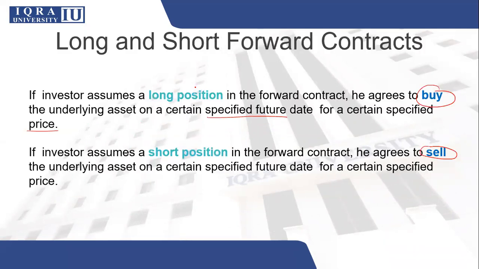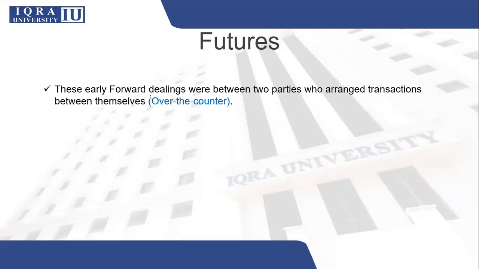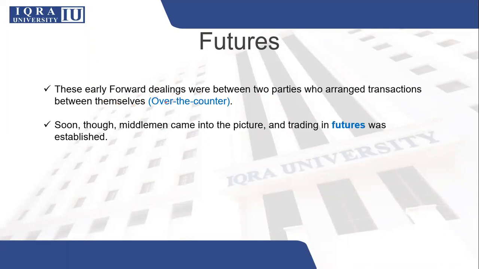Now, this was a forward. Basically, when forwards are dealt on the exchange, they are called futures. Forward dealings are between two parties who arrange transactions between themselves, so it's an over-the-counter market. However, if you bring middlemen, or exchanges, into the picture, then trading in futures is established.